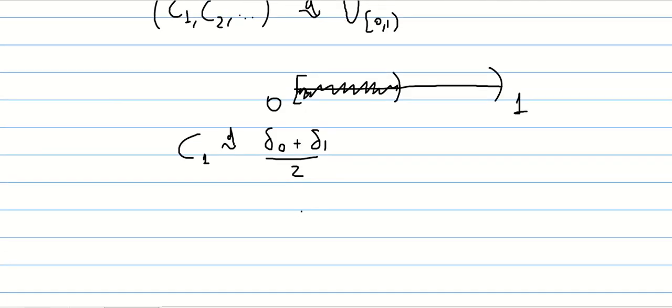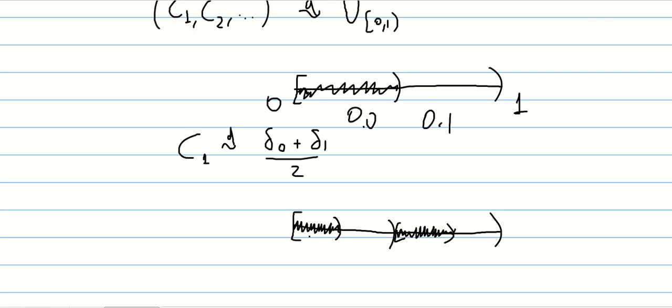Now what's the distribution of C2? C2 measures if you are in the first quarter or in the third quarter. C2 doesn't actually care if you are in here or in here. It's measuring if you are here, you're 0.0 something, here 0.1 something. Here are 0.00, here 0.01, 0.10, 0.11.